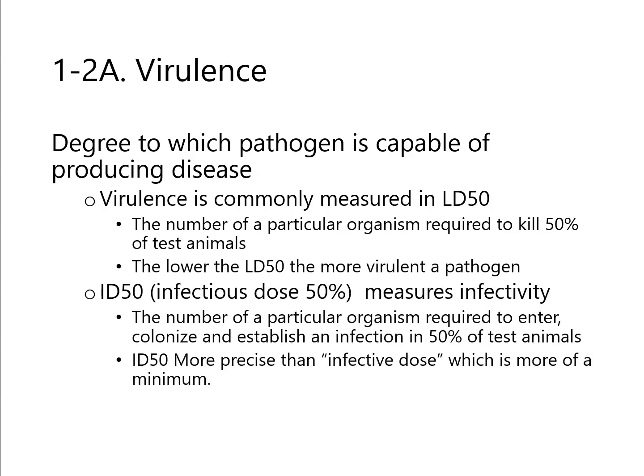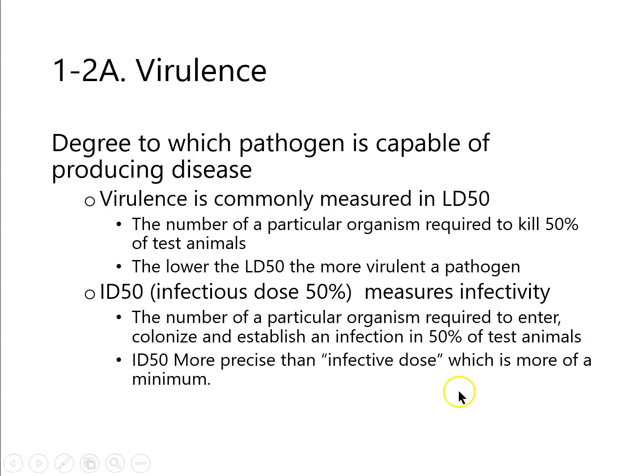We also have ID50, or the infectious dose of 50%, and that's measuring explicitly how many cells are needed to infect half of the test animals. And so this is more precise than the infective dose.